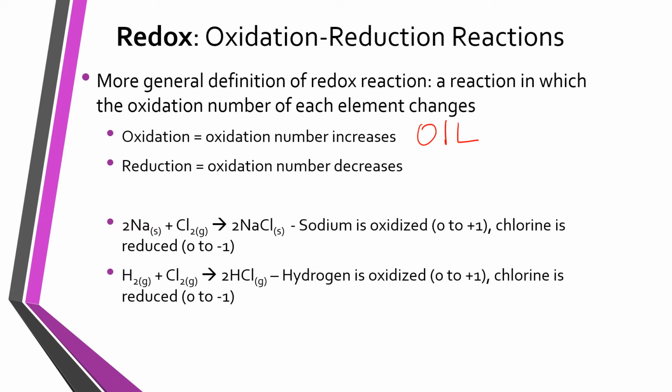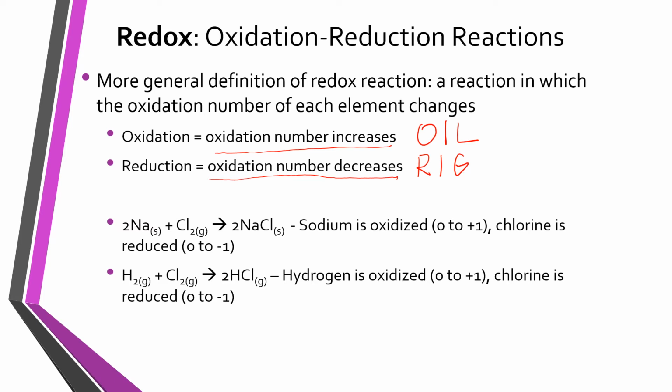If you lose electrons, you're going to become more positive, so your oxidation number is going to increase. Reduction, on the other hand, is gain. If you gain electrons, you're going to be more negative, so your oxidation number is going to go down. It does not necessarily mean your oxidation number will be negative, it's just going to decrease.